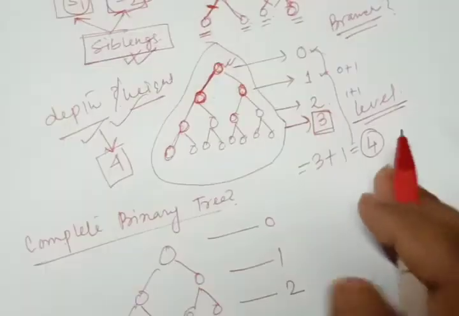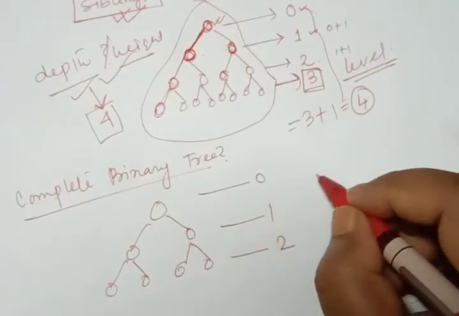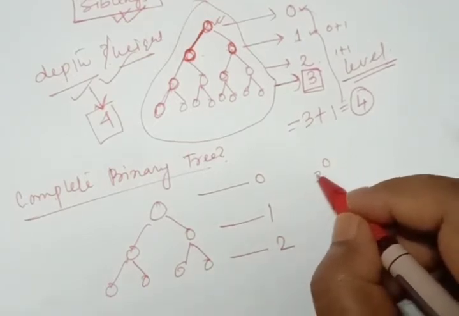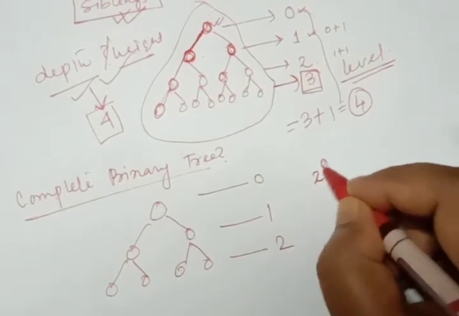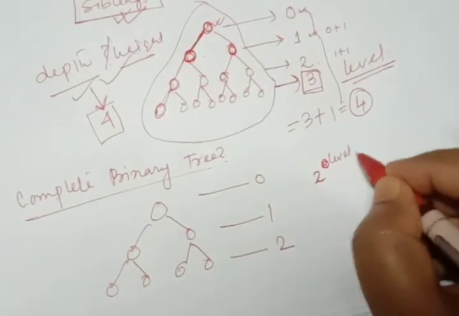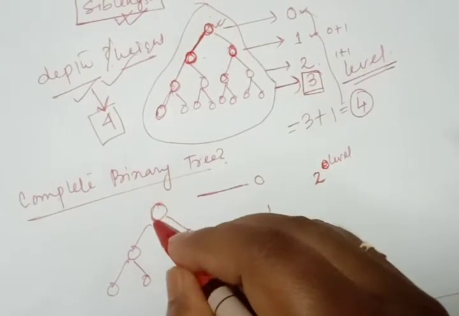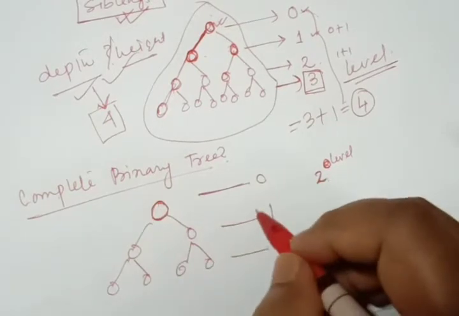What is the maximum number of nodes we can provide at each level? In each level we can provide a maximum of 2 to the power level. 2 to the power 0 is 1, so we can provide a maximum of 1 node at the 0th level.